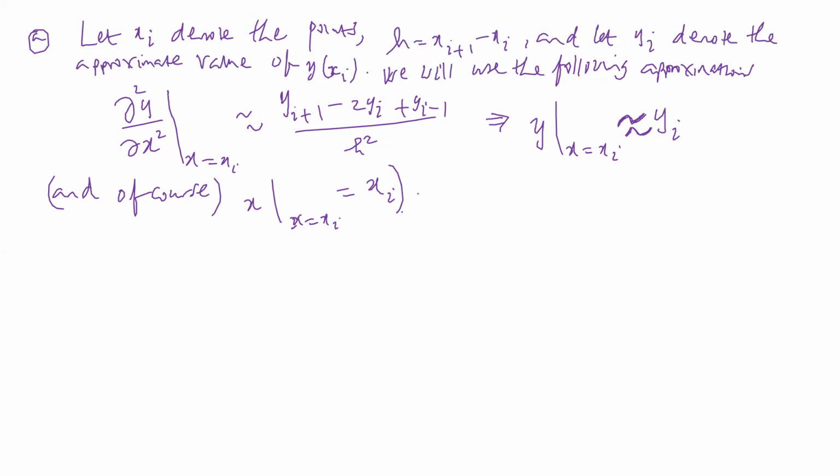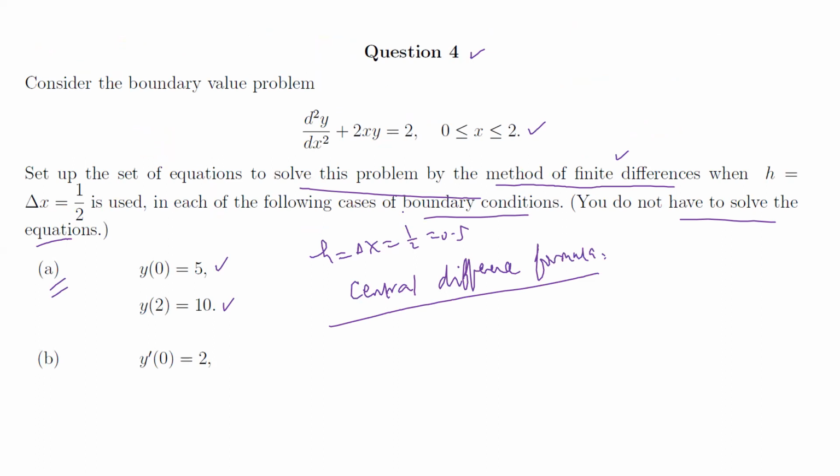We use this formula because we're dealing with d squared y dx squared plus 2xy equals 2 when x lies between 0 and 2.